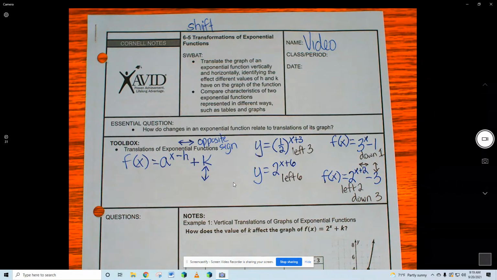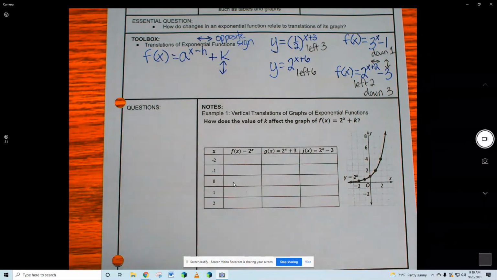All right. And we're going to do describing words, and we're actually going to graph a little bit of this. Okay. So the typical table of values. Let's start with example 1. The typical table of values means that I would have like 2 to the x power.